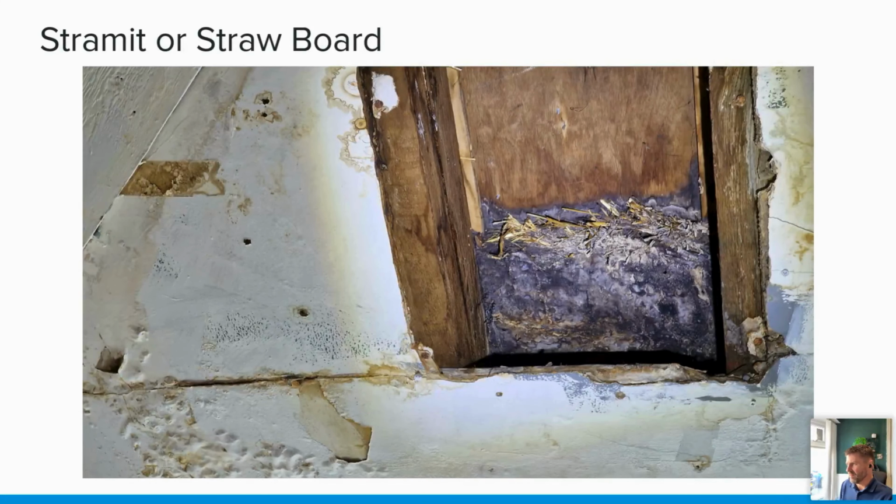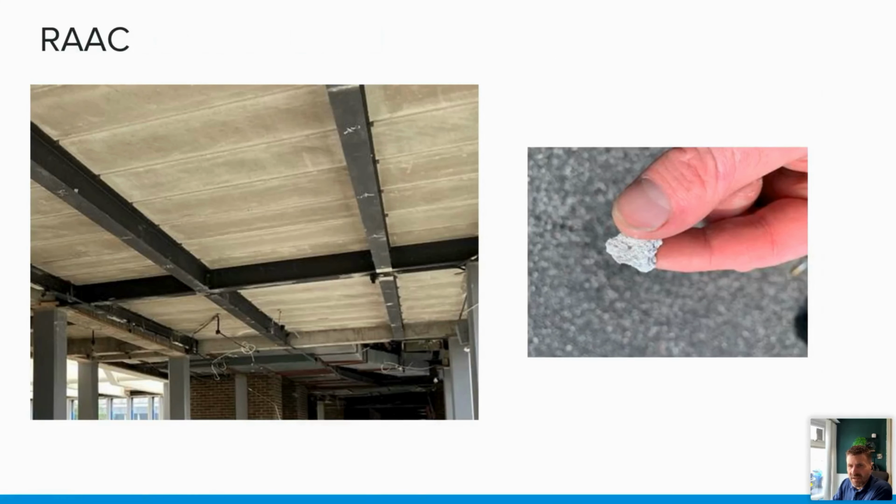RAAC, a lightweight form of precast concrete, was frequently used in public sector buildings from the 1960s to the 1990s. There was a lot of press coverage on this a couple of years ago.